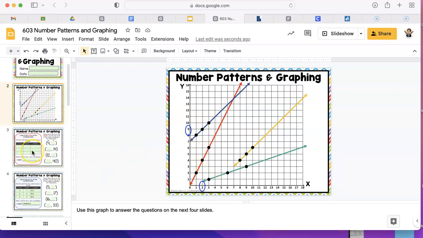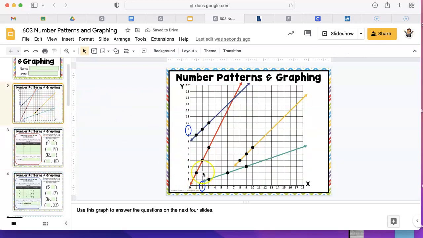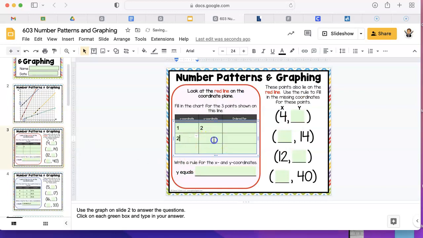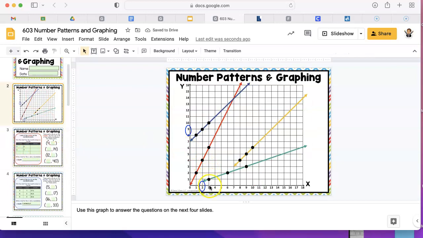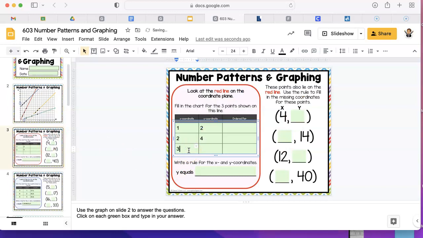Ooh, I already see a pattern. The first one was 1 and 2. The second one was 2 and 4. The third one, coordinate x would be 3, and coordinate y would be 6.